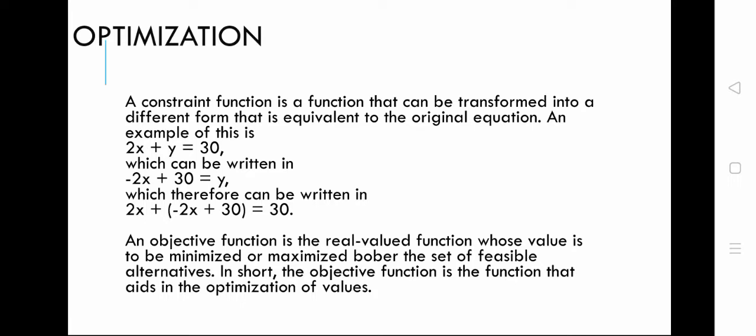In short, the objective function is the function that aids in the optimization of values in the situation. So ito yung need nating ma-manipulate in the solving process, which in this part dito na tayo gagamit ng application of derivatives doon sa objective function.